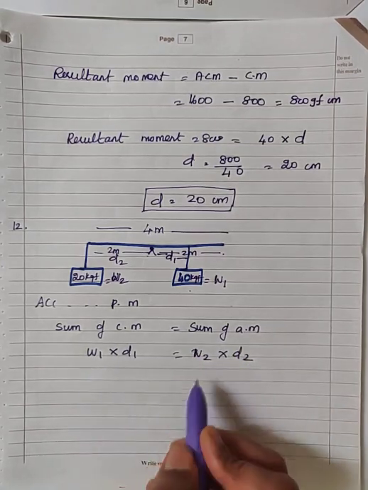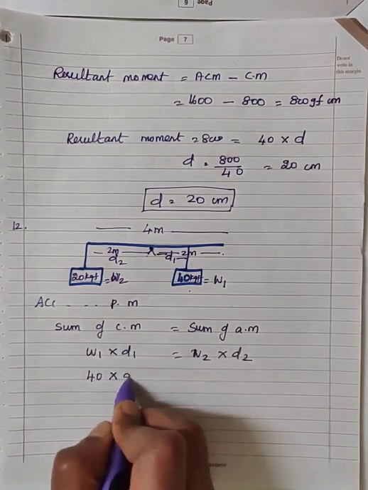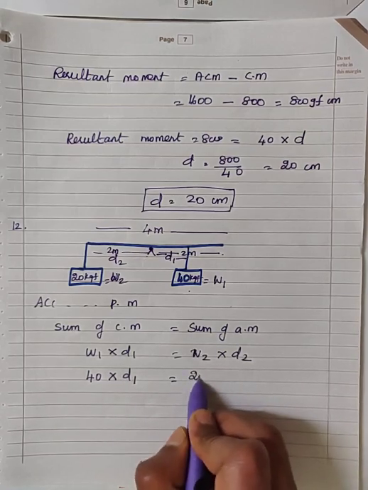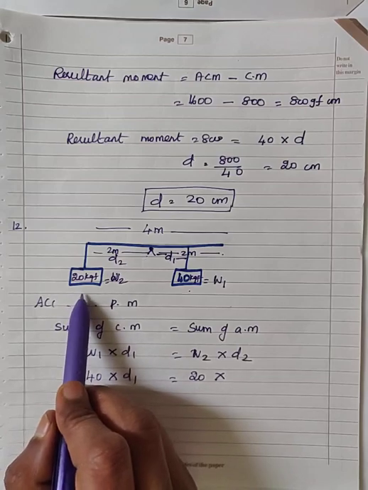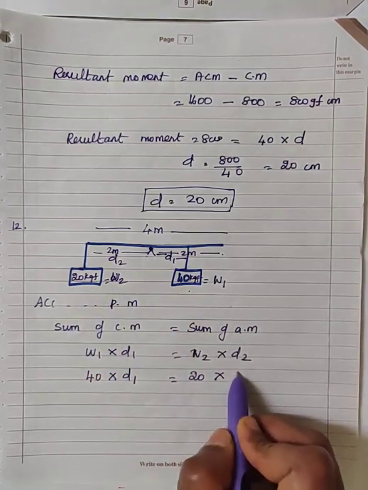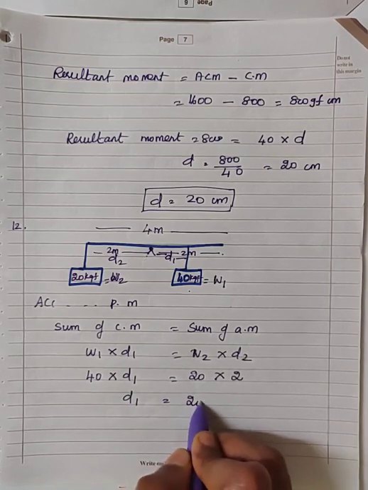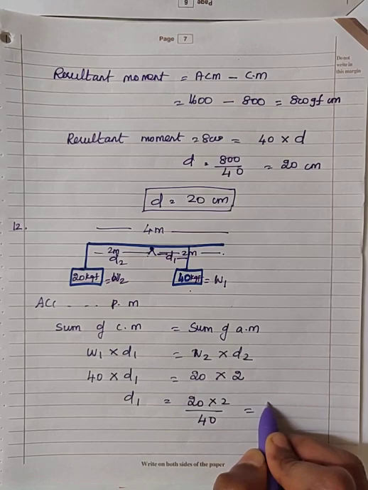Substitute for W1, W2 and D2. W1 is given as 40 kilogram force. D1 is not given; we are asked to calculate. W2 is given as 20 kilogram force. The point of suspension of 20 kilogram force from the pivoted point is 2 meters. So D1 is equal to 20 into 2 divided by 40, which is equal to 1.